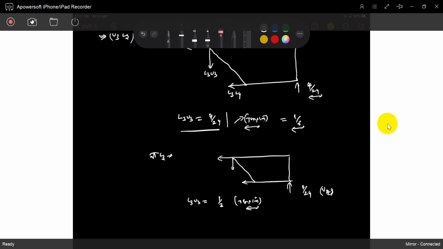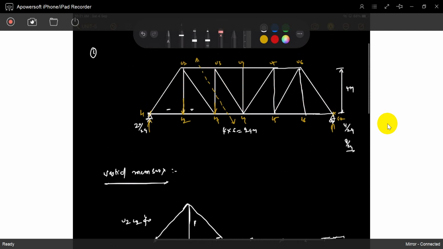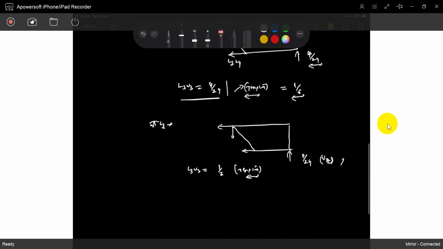How is the VB increasing? Up from the L1 position to the L3 position, the L3 U3 value is increasing as the reaction at the other support, the reaction at VB. That's it, na? That's it.